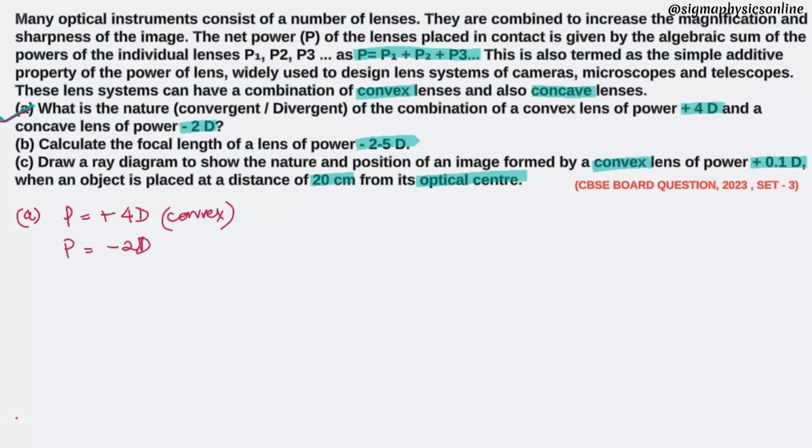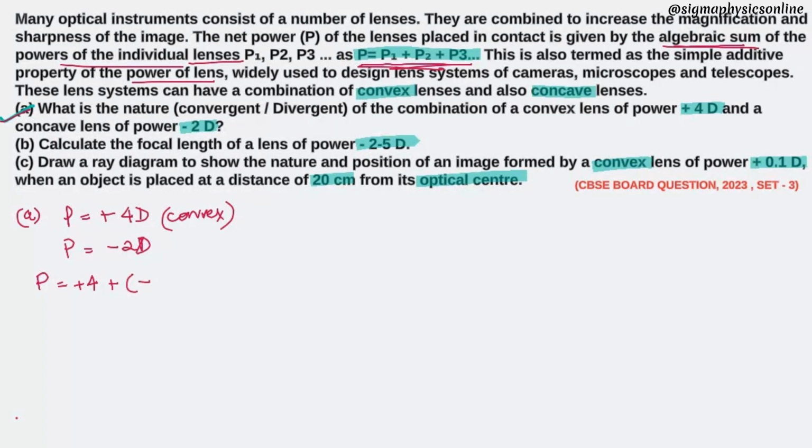Now here you see it's written that the net power of the lenses which are combined together is given by the algebraic sum. It's very important: algebraic sum of the power of the individual lenses. So we have to add them algebraically. The net power will be plus 4 plus minus 2, because here it's given that P is P1 plus P2 plus P3.